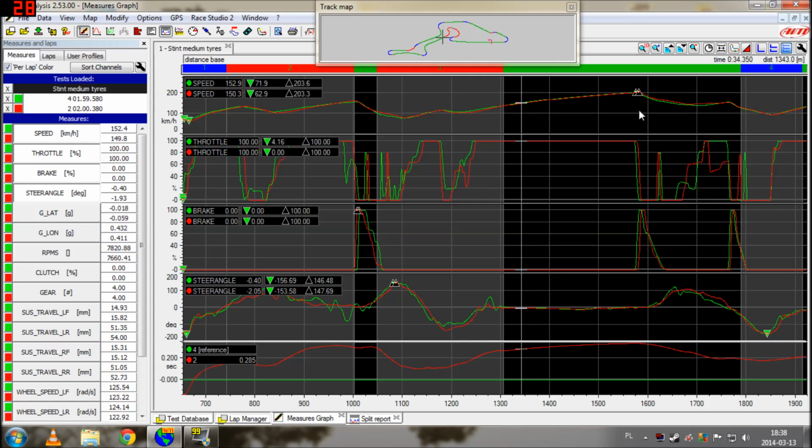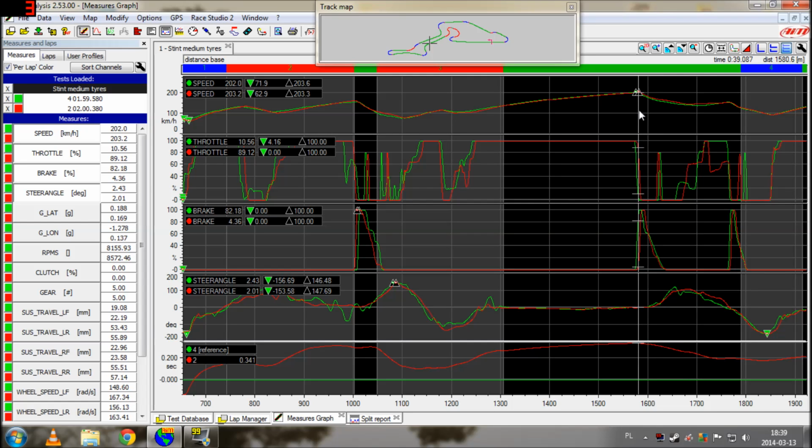Okay, and we are on the short straight. The gap is 3/10 of a second, and we finish sector number 1, and we approach the left hander, which then goes immediately into the right hairpin. And let's see what happens here. I start braking earlier on the green lap.